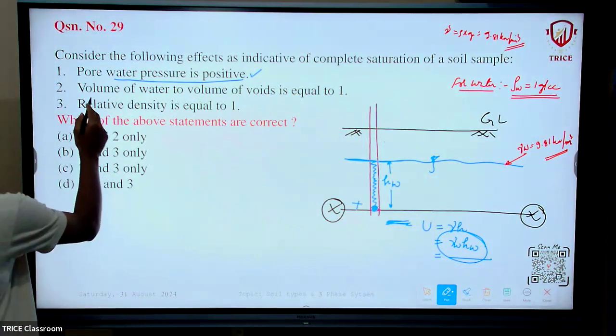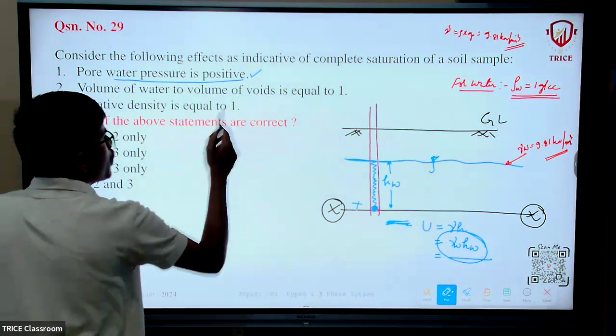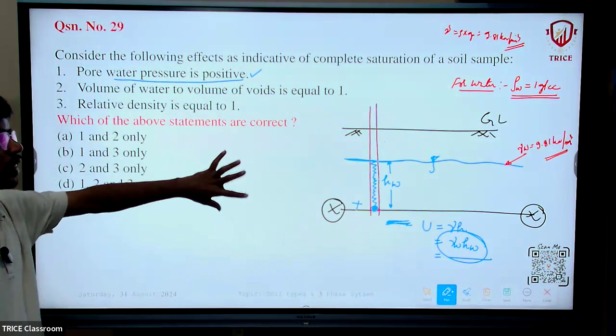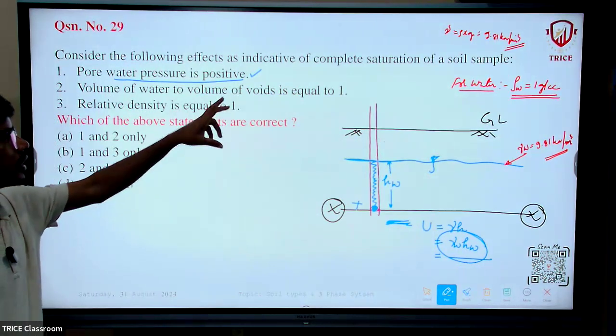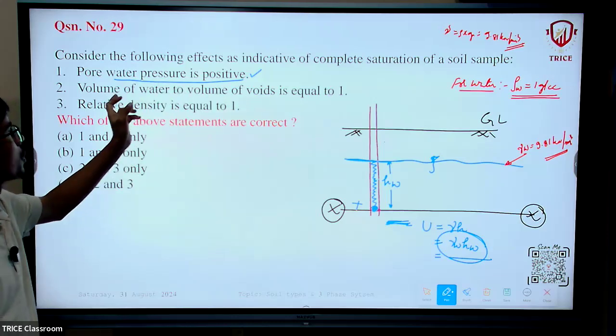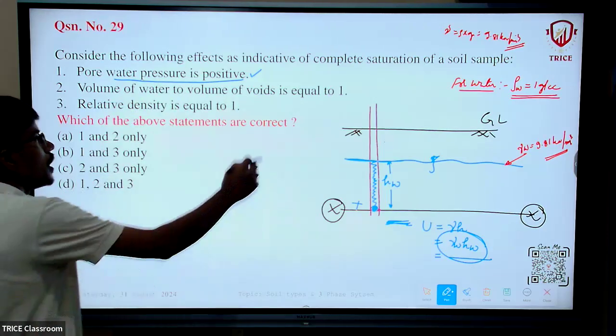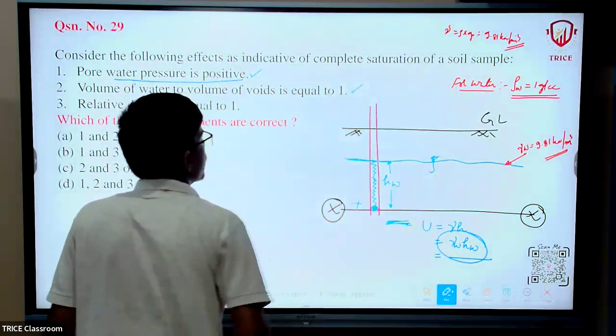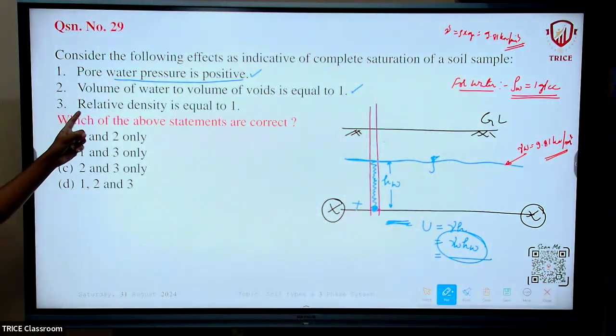Then the volume of water to volume of void should be equal to 1. As we know that the entire void is filled with water, the degree of saturation tends to unity. Therefore, the volume of void should be equal to the volume of water, and this condition also gets satisfied. Then we have the relative density equal to 1, right?